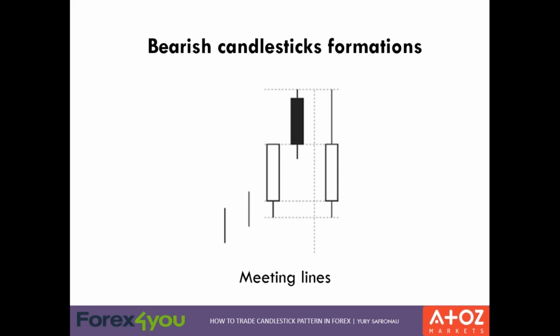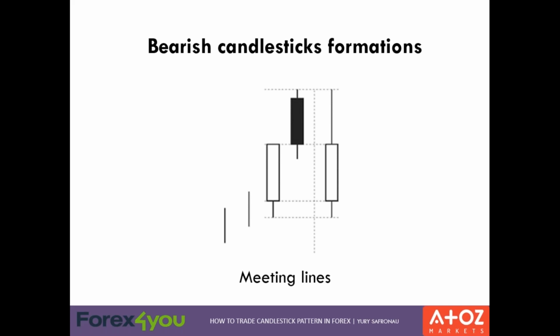The dark cloud cover second day closes below the midpoint of the first day's body, while the second day of the bearish meeting line closes the same as the first day. Consequently, the dark cloud cover is a more significant top reversal. Nonetheless, the bearish meeting line should also be respected.